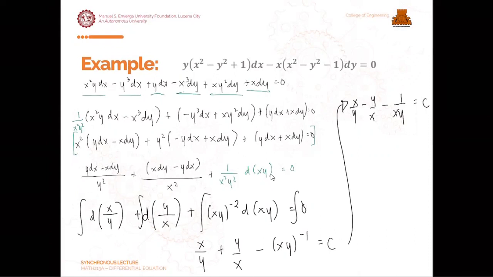Or kapag multiply natin by xy, lahat ng term, this will be x squared minus y squared minus 1 is equals to c xy. Okay? So, that will be our final solution or required solution for the given problem. Okay?